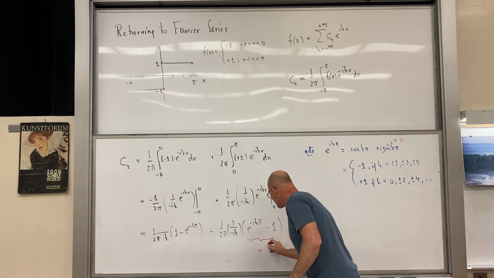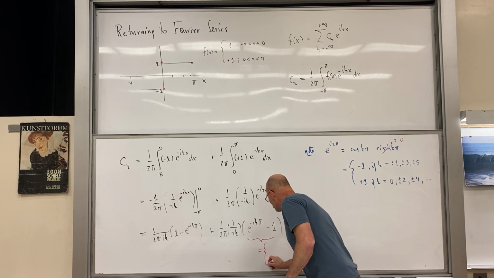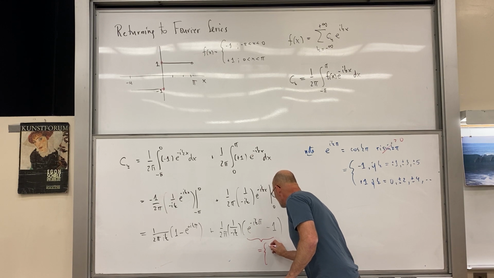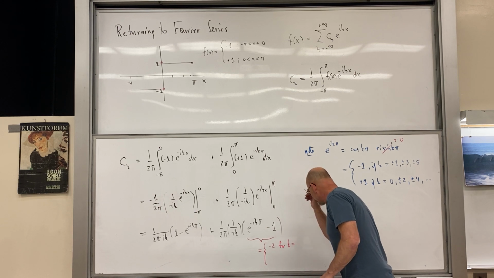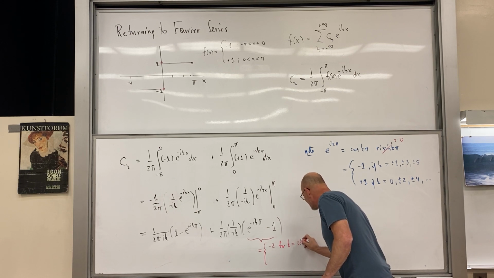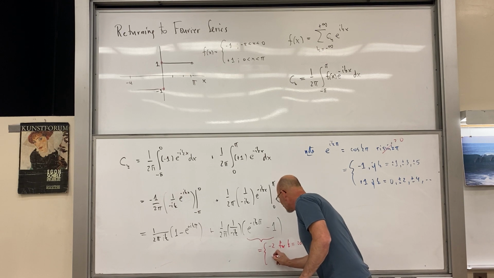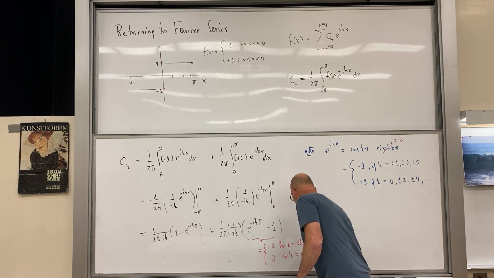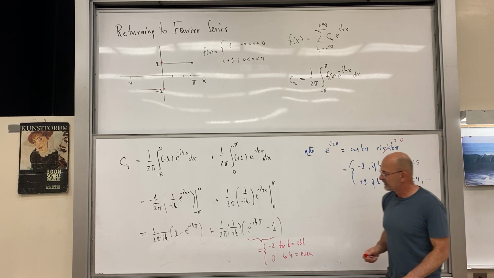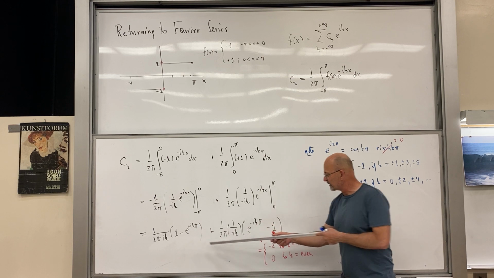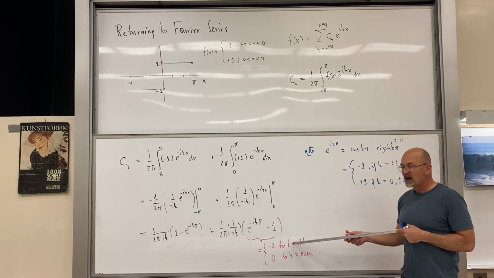Equals -2 for k equals odd, and equals 0 for k equals even. Same thing over here. So now we're just going to have the odd integers.